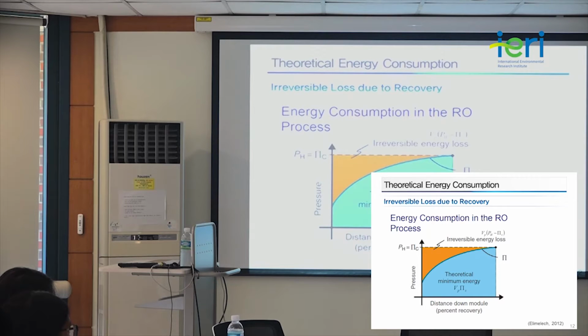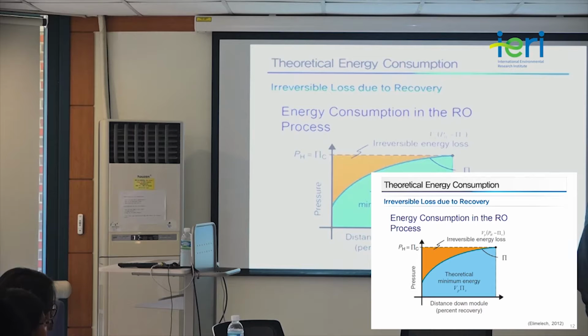The problem is, if you wanted to get water here, it's not possible to apply different pressure in each membrane or in different positions. So instead of having different pressure, we just use a high pressure pump to apply the same pressure.